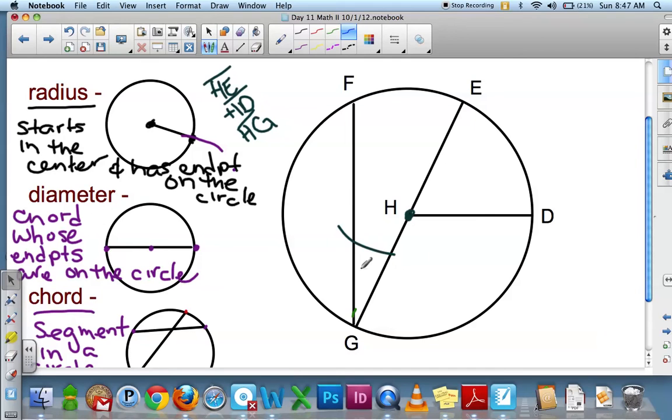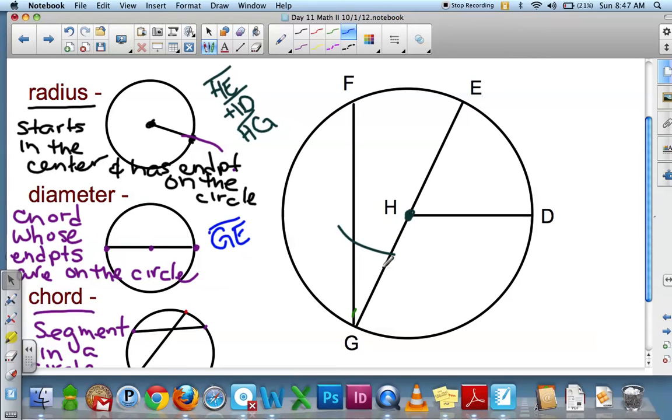So take a look at this circle. A diameter is a chord, so a segment, that has its endpoints someplace on the circle and then goes through the center of that particular circle. So whoever says GE is correct. That is a diameter in this circle. Last one.